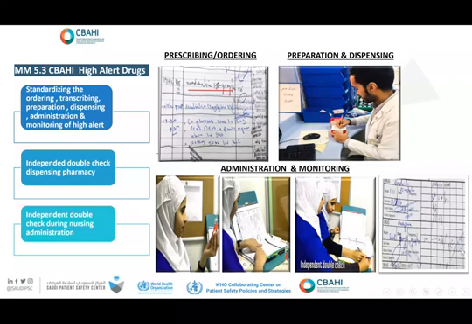So you will find 2 signatures when you are prescribing or administering these drugs, not only during dispensing. All these checkpoints are done to avoid any error, so the error can be discovered before reaching the patient. There are many checkpoints that go through this one. Okay, so this is about high-risk medication.